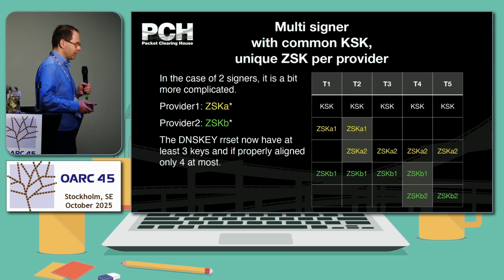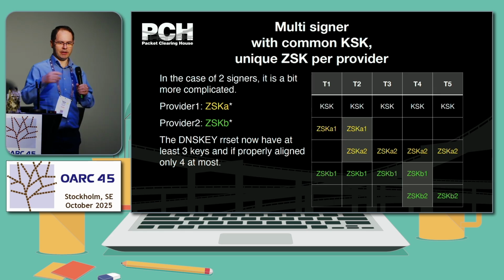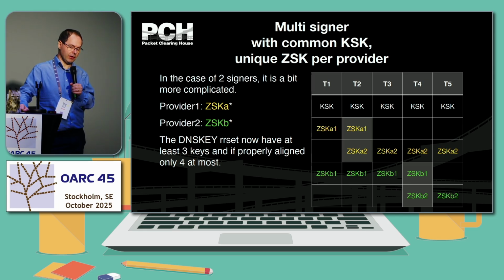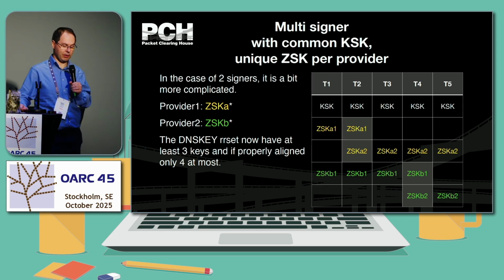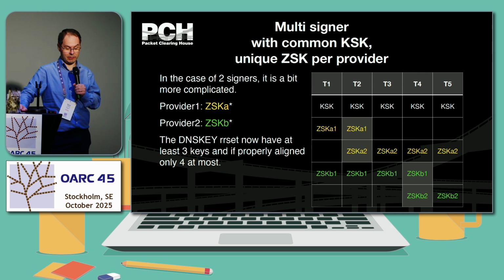This might look a lot more complicated, but maybe not if you think about the previous slide. If we have two providers or two signers, then you have 3 keys at a time, or maybe 4 when a roll is happening. And with the right alignment, this is actually possible.